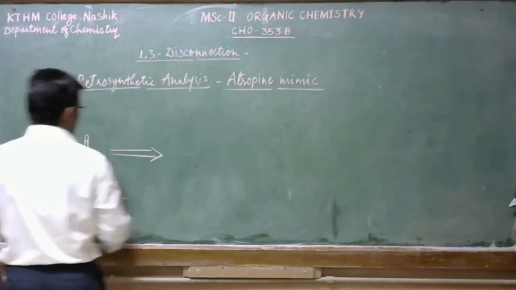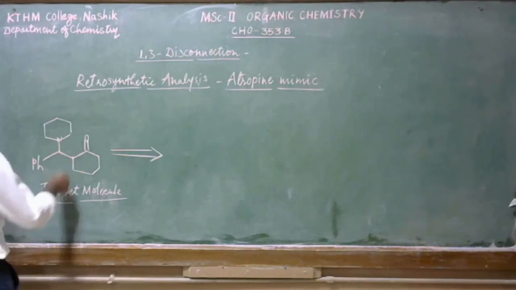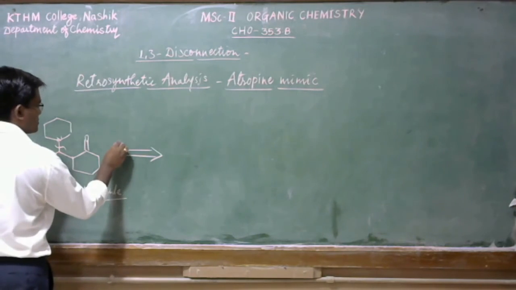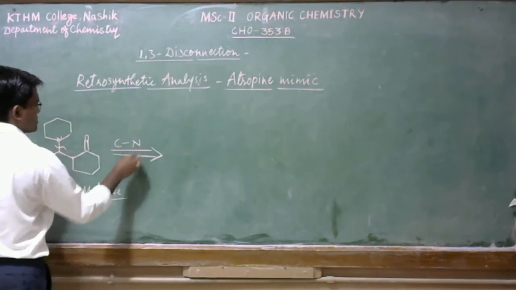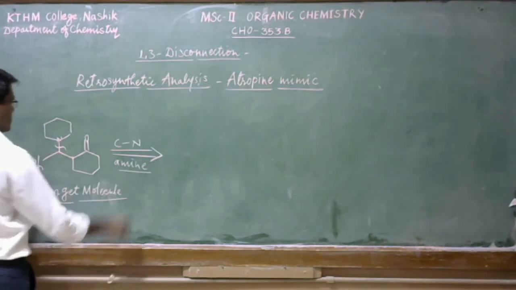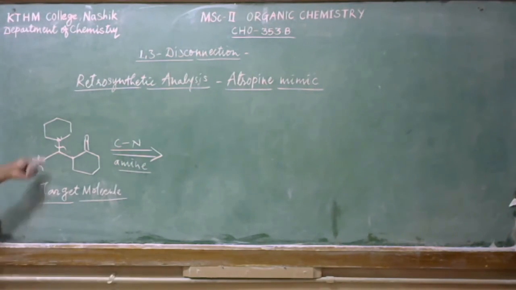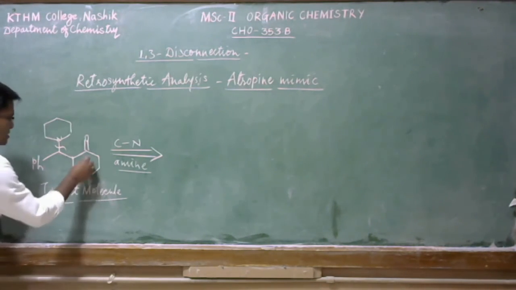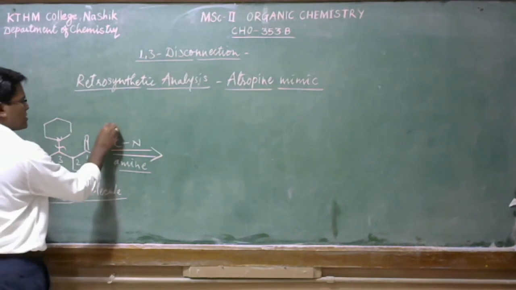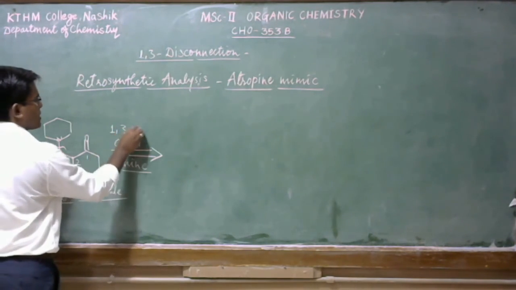So let us put this retrosynthetic arrow and let us break this CN bond, the amine bond. This group is attached at three positions, 1, 2 and 3. So let us put this 1,3 disconnection.